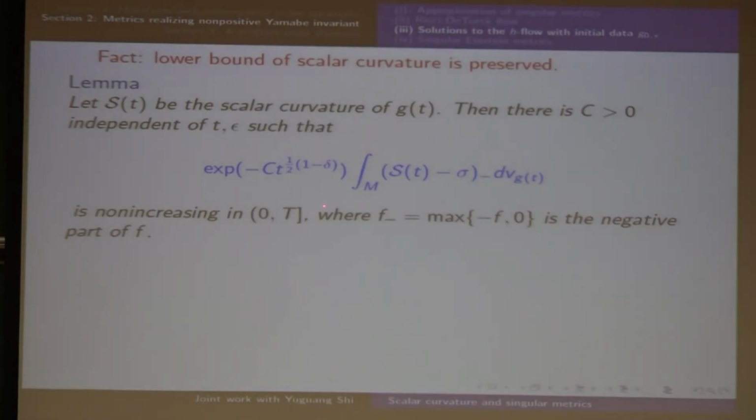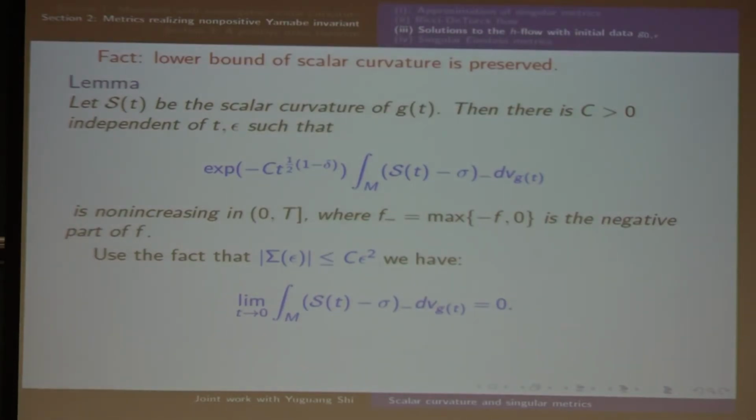Therefore, we have this. Up to now, we do not use anything about the size of the singular set. If the size of the singular set is small, then one can prove that this actually goes to 0 when t goes to 0.